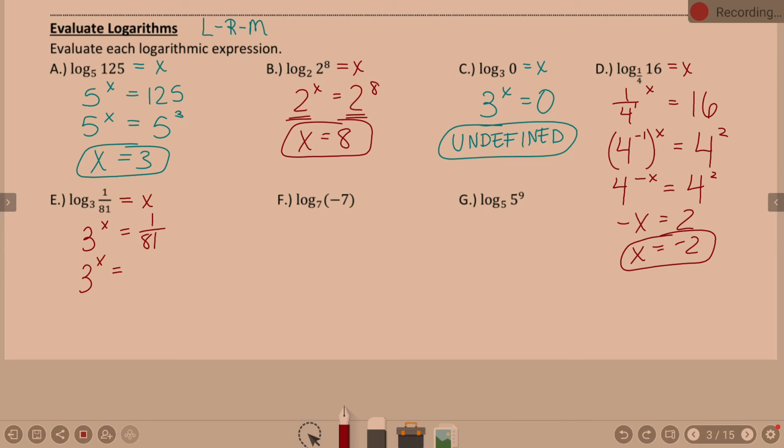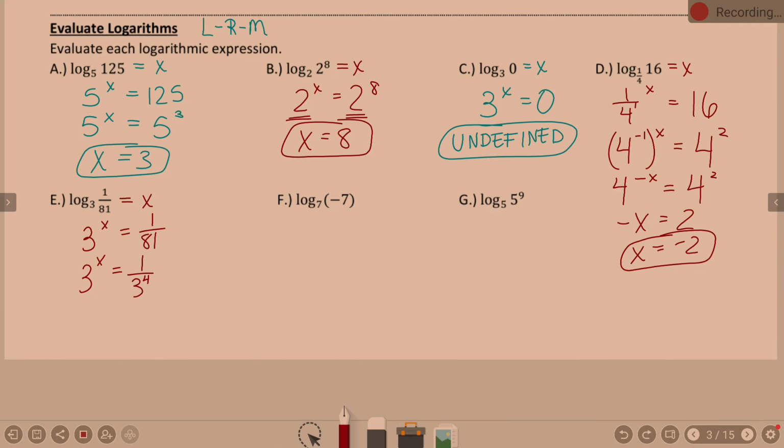I'm going to rewrite this. 81 we said is 3 to the 4th. So I'm going to rewrite this as 1 over 3 to the 4th. Now I could have done this all in one step, but I'm taking baby steps. What do you know about a 3 to the 4th in the denominator? It's negative when you pull it up to the numerator, yes?